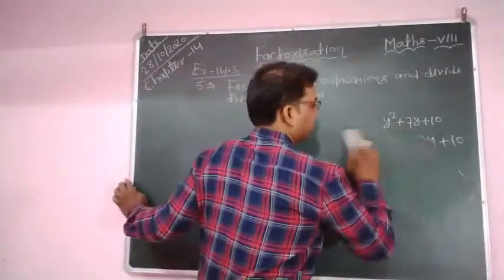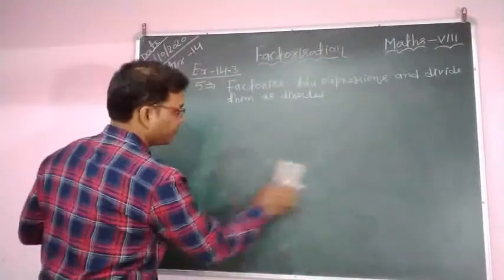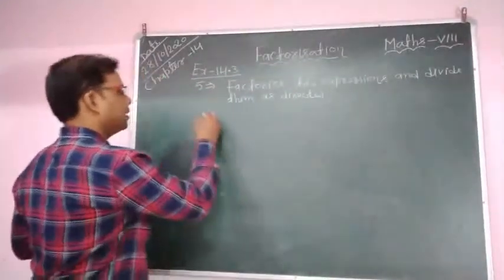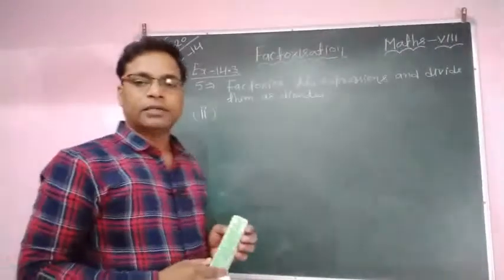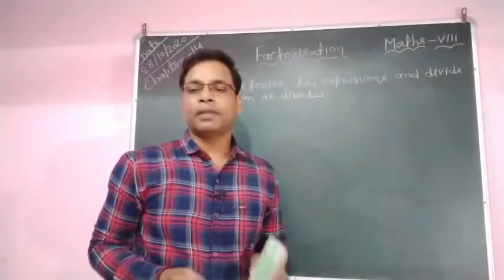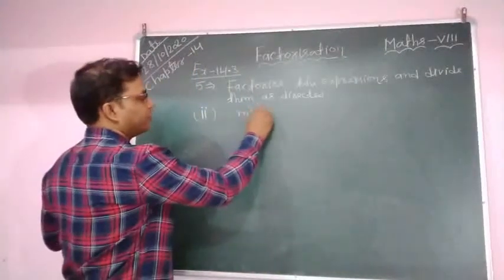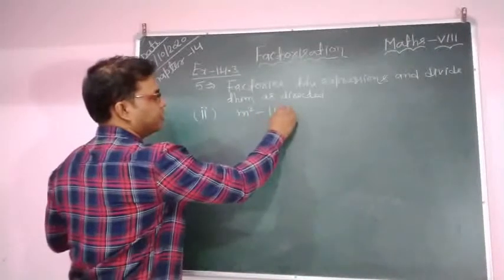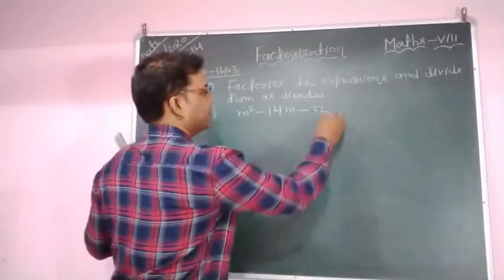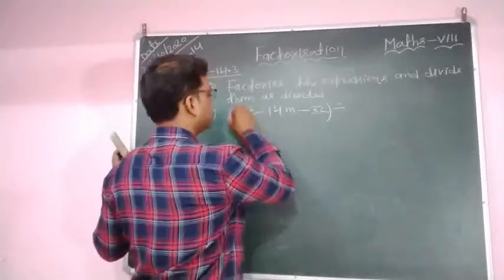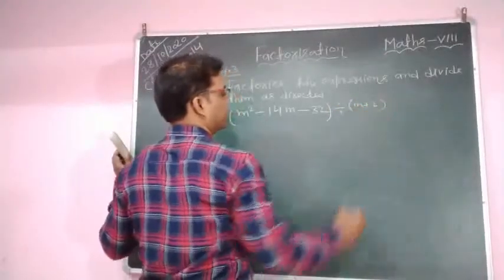Okay, the second part is m square minus 14m minus 32 divided by m plus 2.